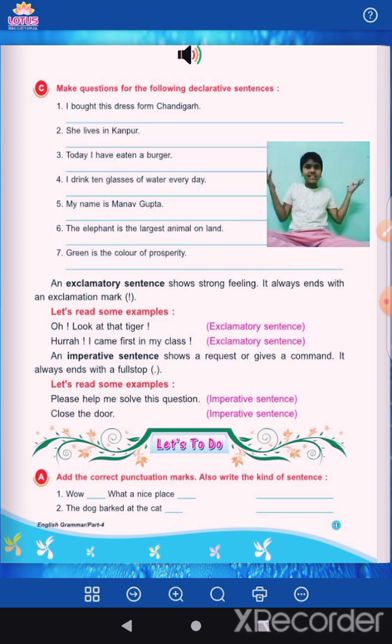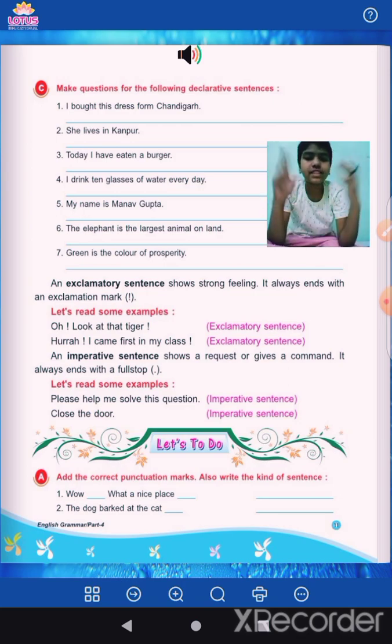With expressions, okay? I came first in my class. It's also exclamatory. So how do you read? Hooray! I came first in my class. Like that. An exclamatory sentence always ends in an exclamation mark.